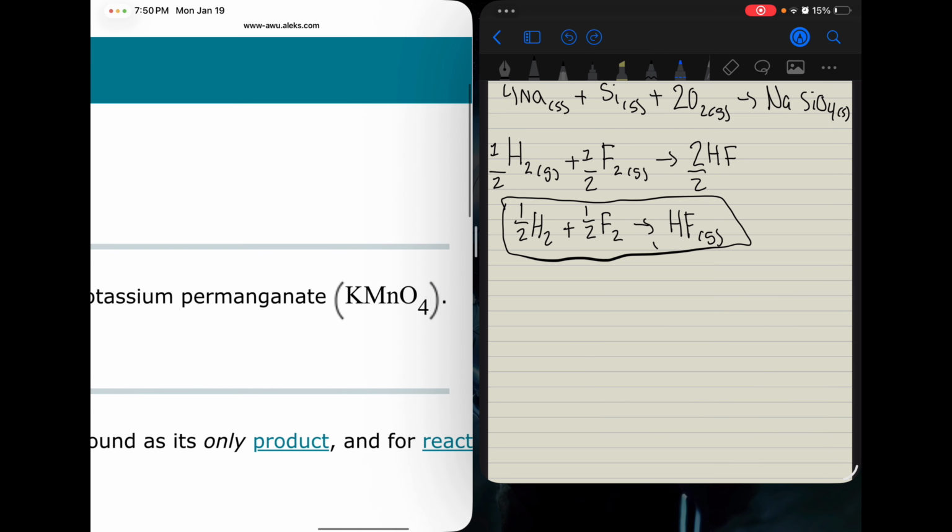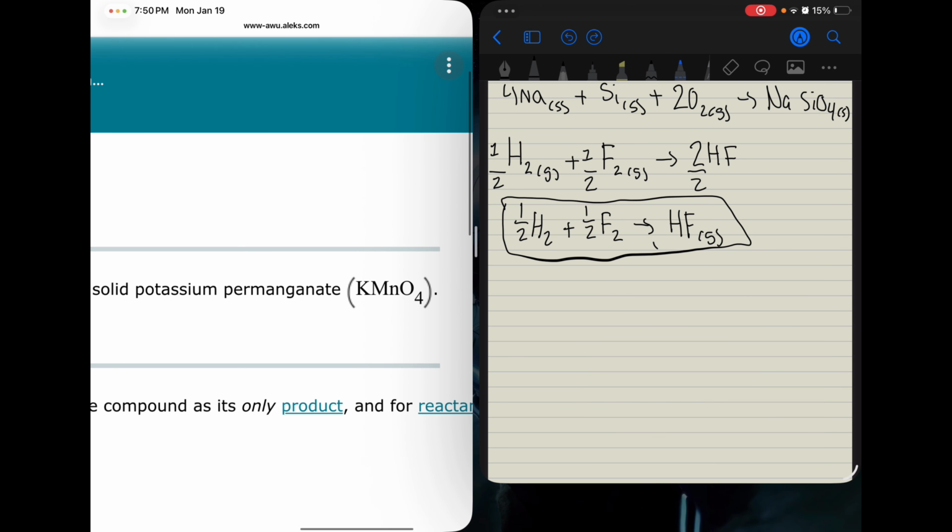So for this, we're going to be solving for this KMnO4. So first things first, we're going to break it down. Now we have to balance. So K is balanced, Mn is balanced. Right here, we have to put a 2 to balance out, to give it 4.